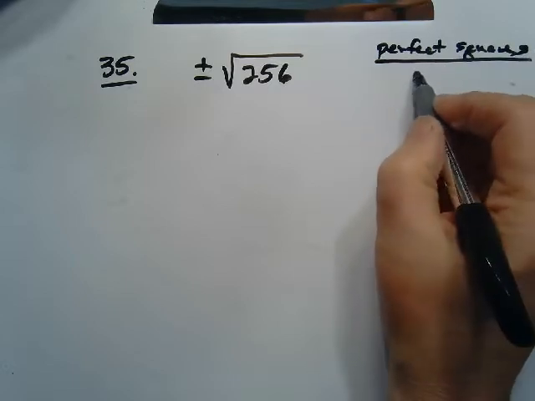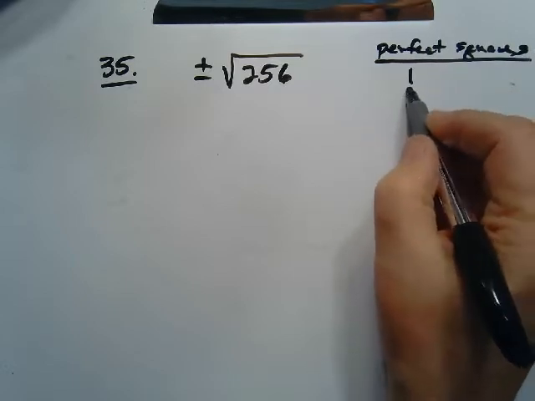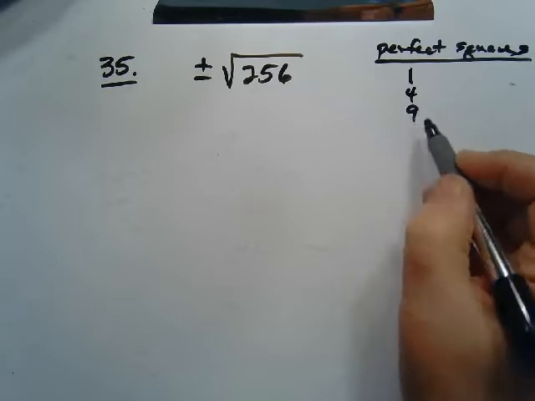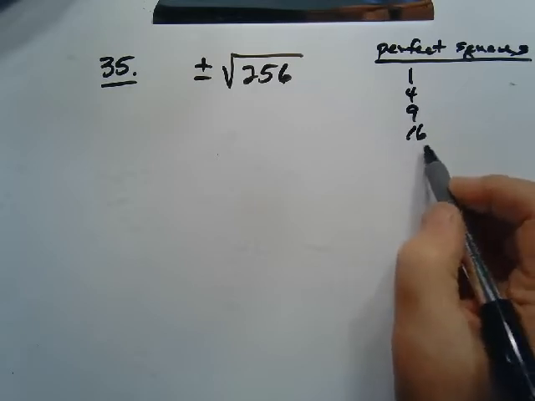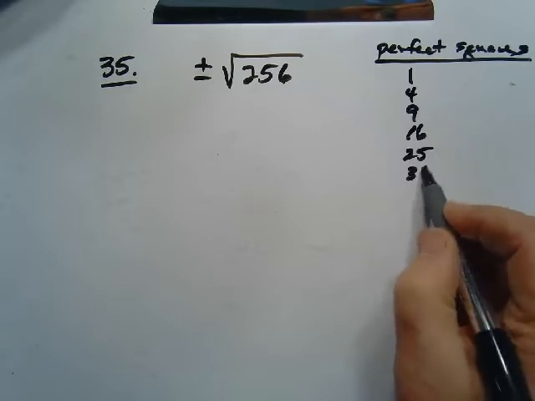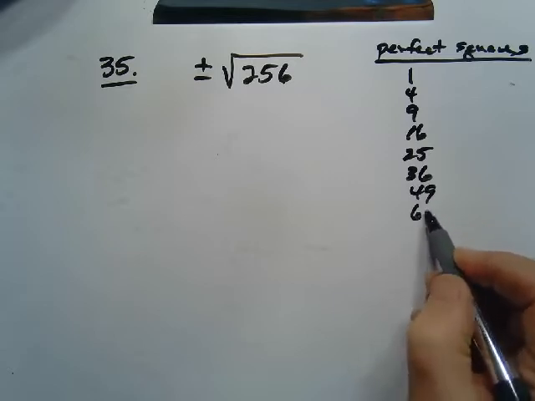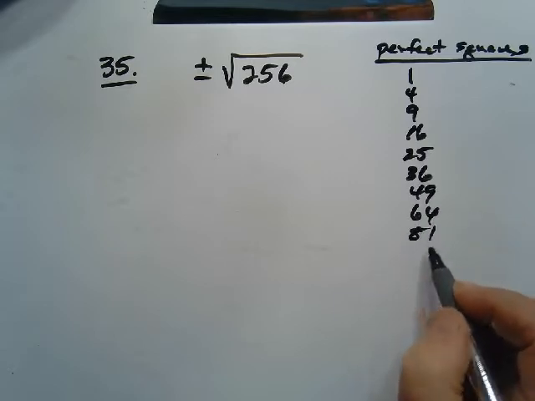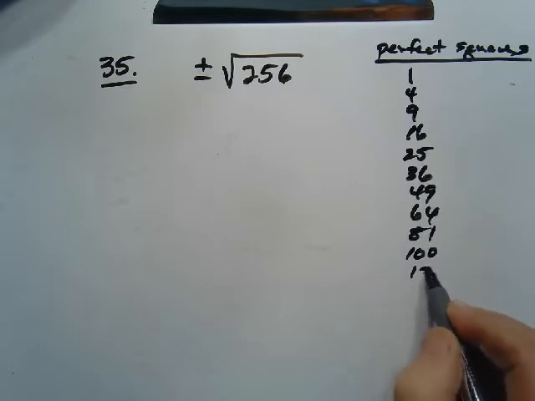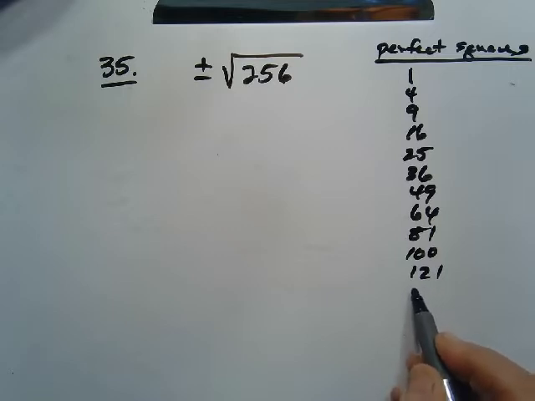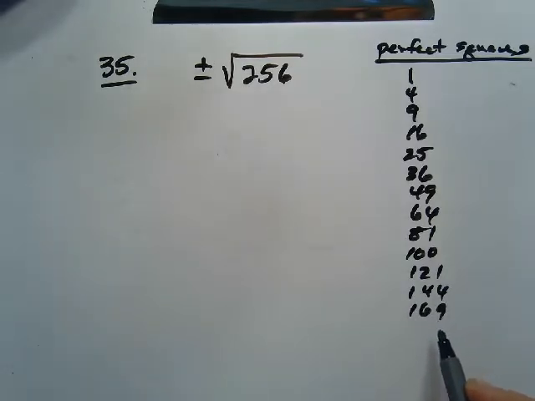The perfect squares are 1 times 1 is 1, 2 times 2 is 4, 3 times 3 is 9, 4 times 4 is 16, 25, 36, 49, 64, 81. You need to do this and do it fairly quickly so you know how to do these. This is 144 then, 169.